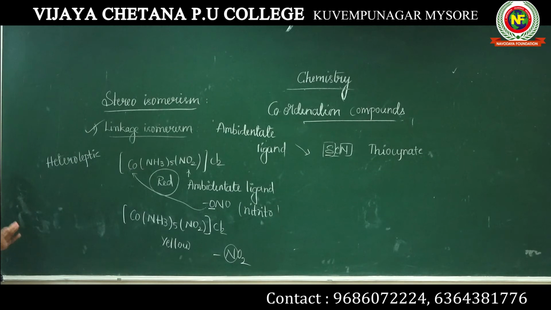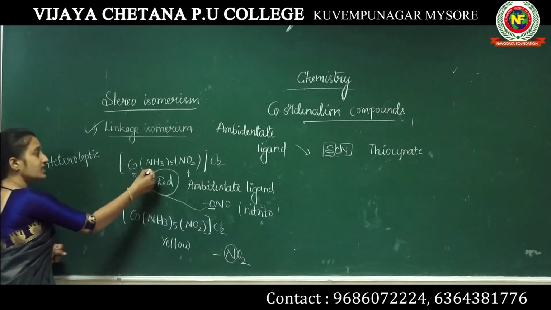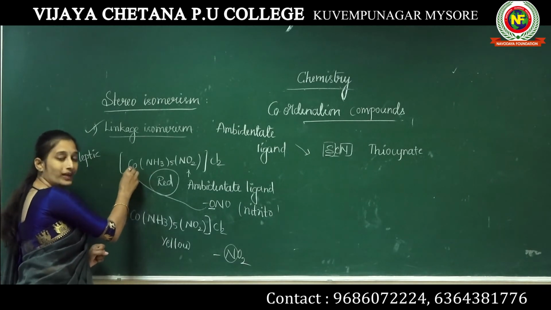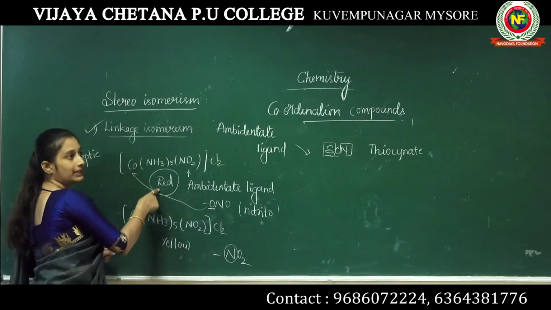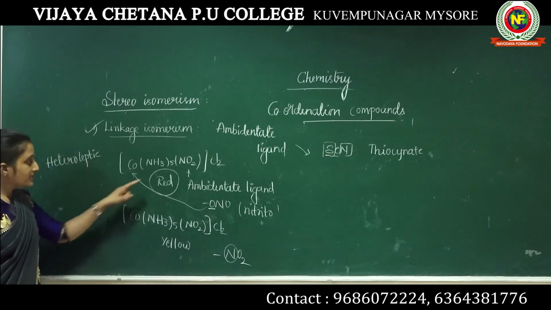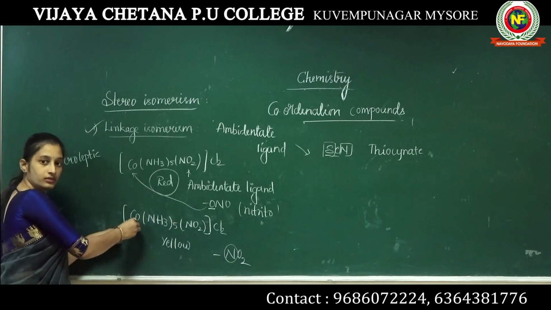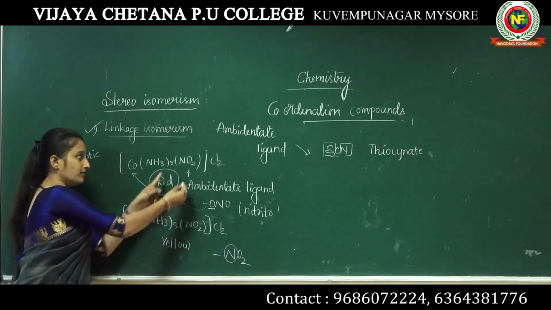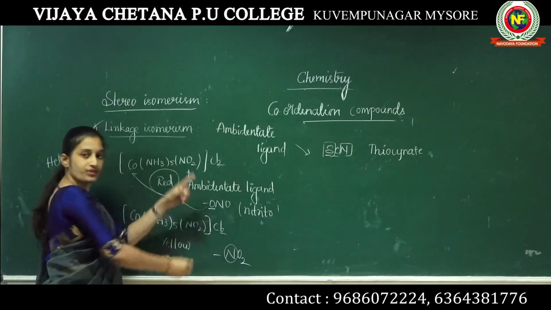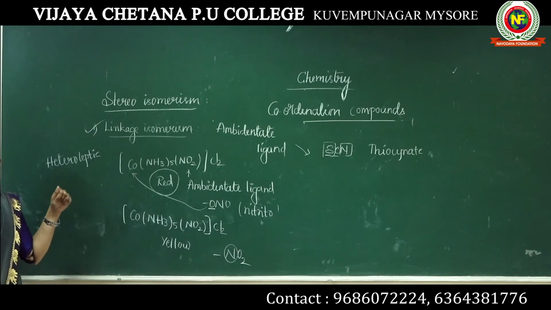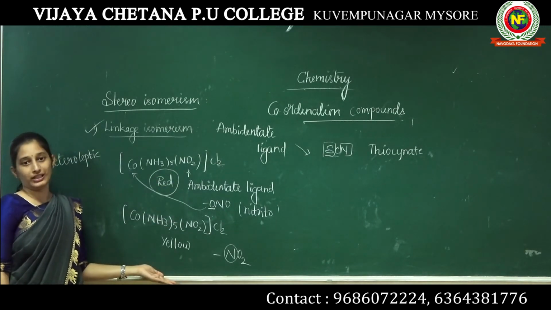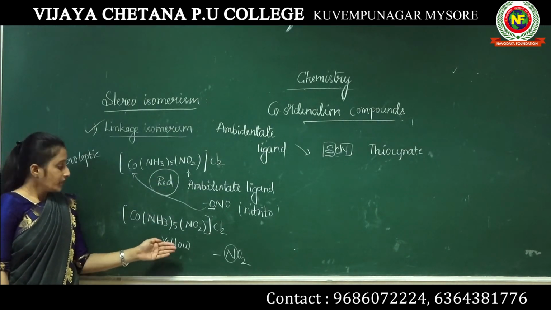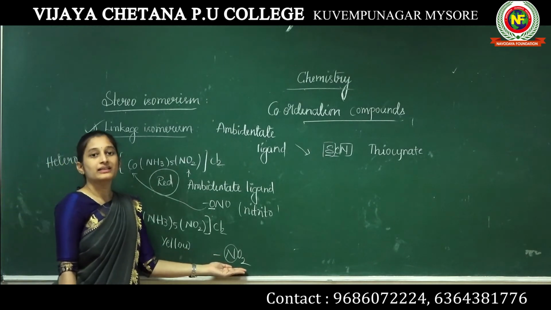Very simple. Linkage. If oxygen is linked with Co, the central metal atom, then we call it a red colored complex. Same Co, NH3 5 times, NO2, Cl2, same molecular formula, but the linkage is different. Based on the linkage, the color is also different. This is red color, this is yellow color. If it is yellow color, it's nitro.